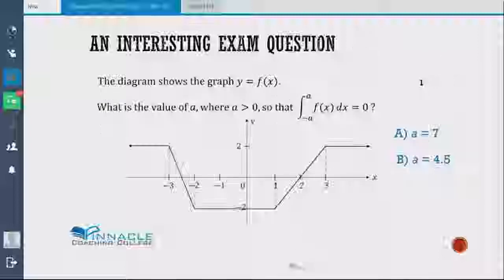Moving on. All right, so this is another one, just playing around with the area you see on the graph. This is actually based on a HSC question. See if you can figure out what the correct answer is.